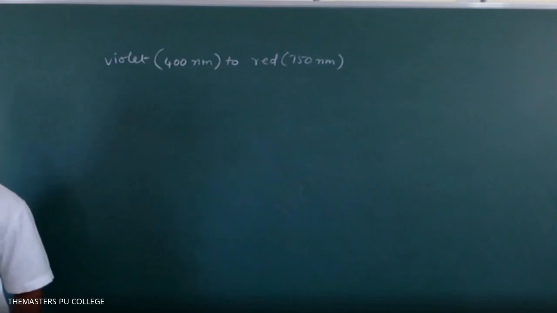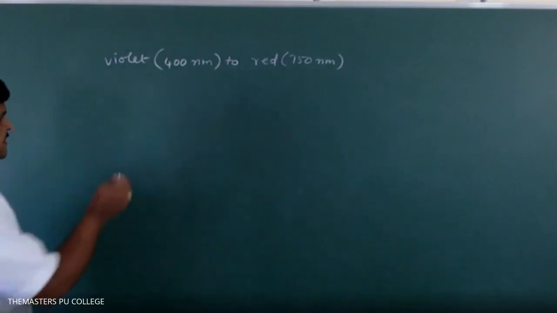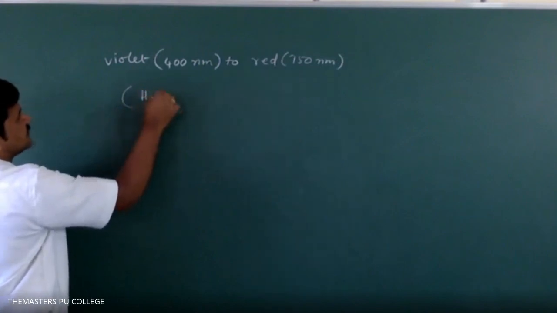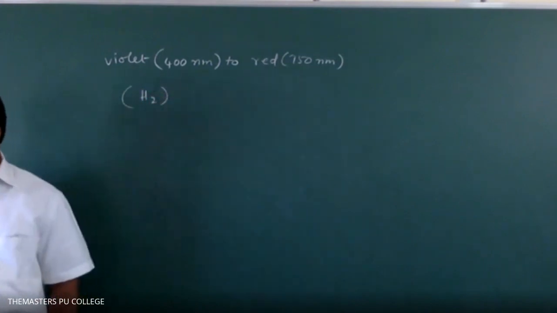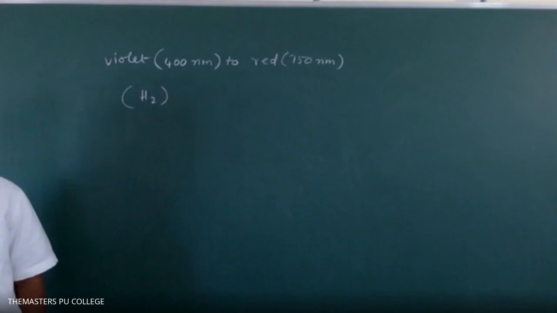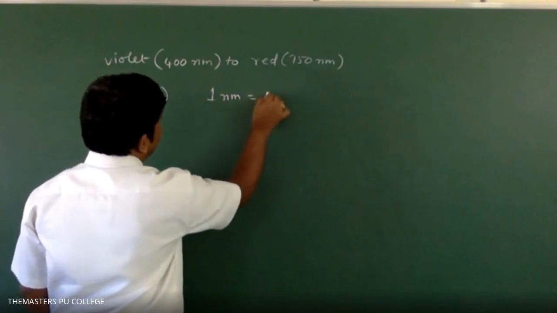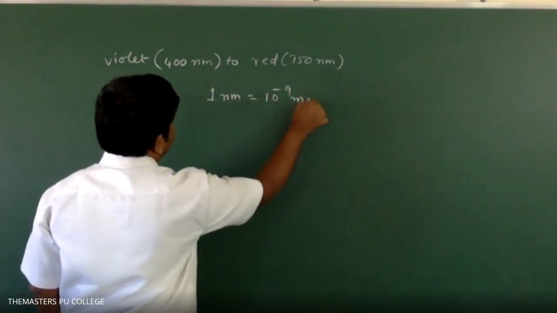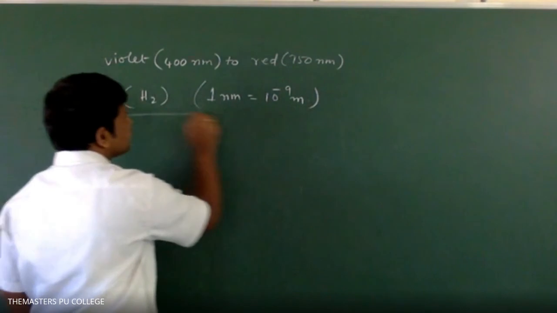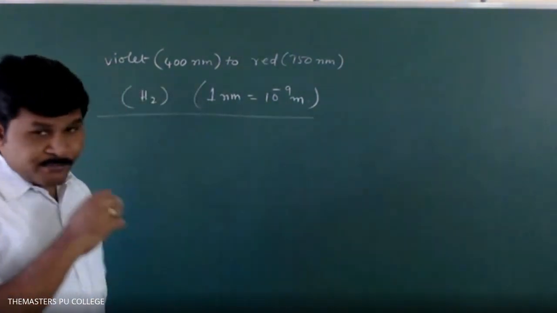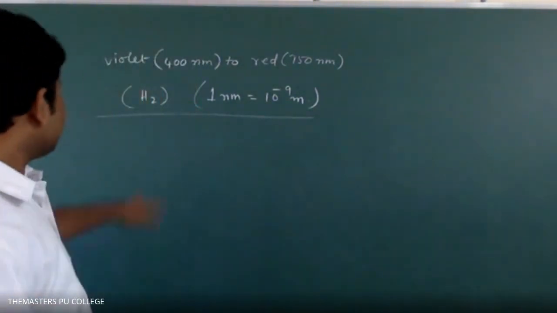Write in bracket hertz, Hz. Here we are given one conversion: 1 nanometer is equal to 10 power minus 9 meters. So this is the question. Here two wavelengths are given.